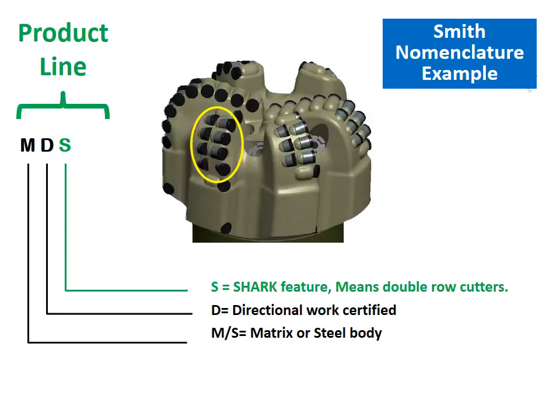In the third position, we may see S, and S in this position means the shark feature of Smith, or the double row in the nose position. We have to keep in mind that S here will differ from S in the first position, because in the first position it means that the body of that bit is made of steel.